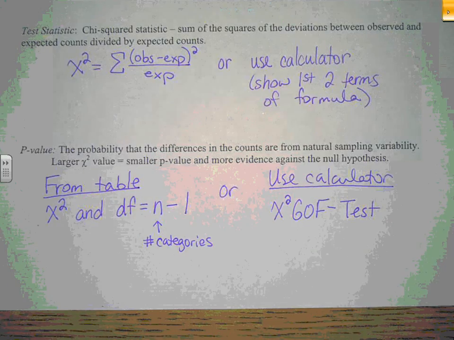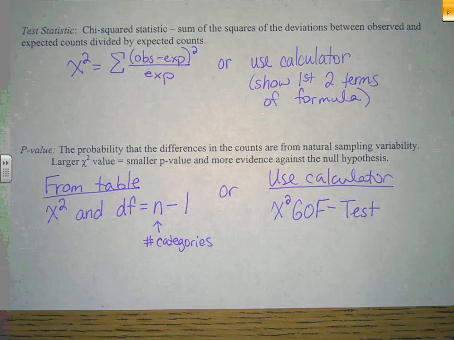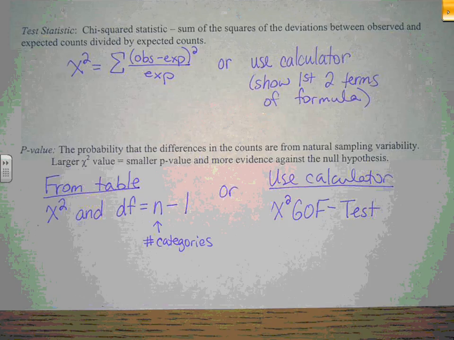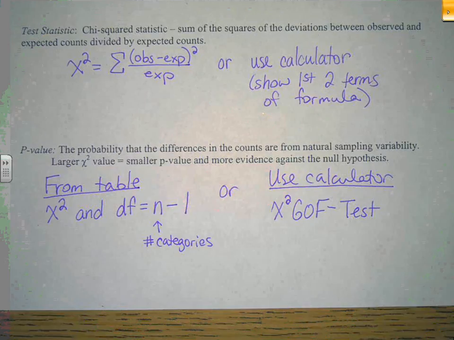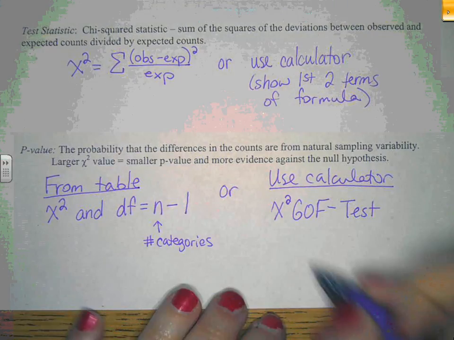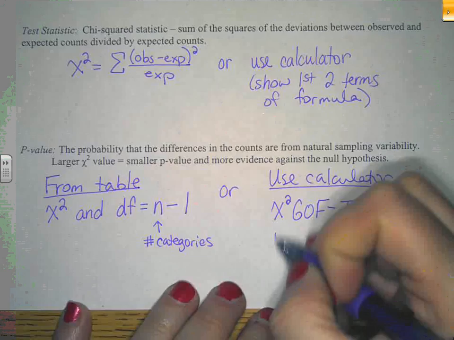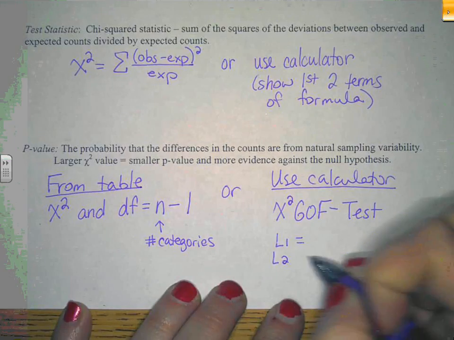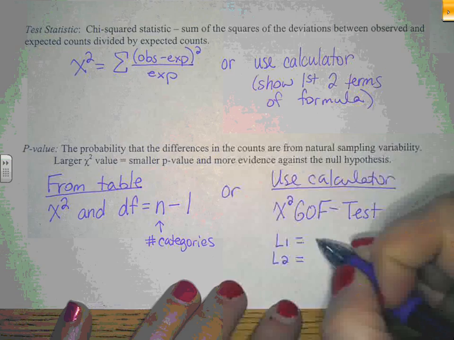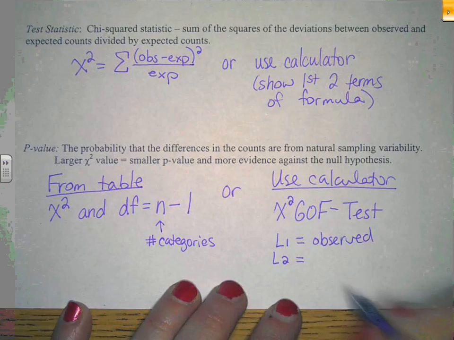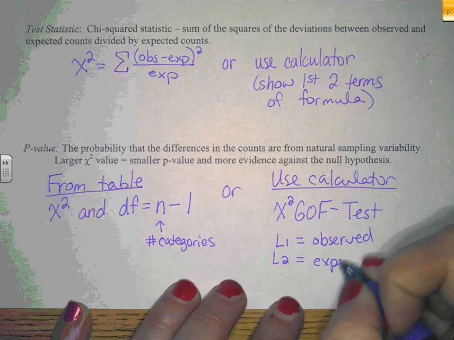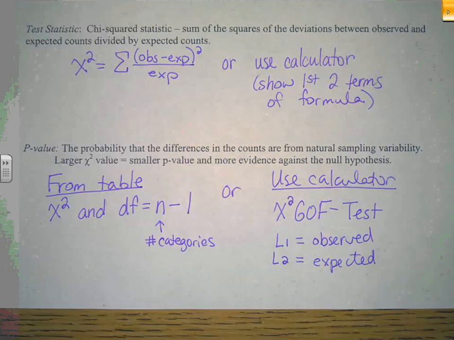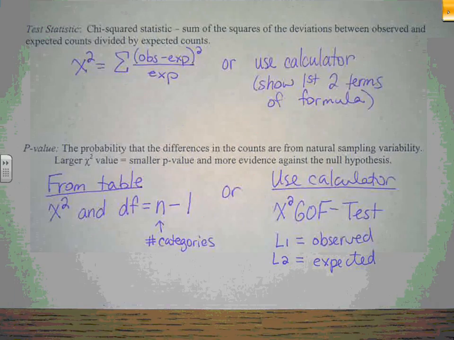A couple of you yesterday, I had to download a program to your calculator, so yours is going to be slightly different, but it will still do all the calculations for you. The first thing you'll have to do is make two lists, L1 and L2. L1 has to be your observed values, and L2 has to be your expected values. If you do them backwards, you'll get the wrong answer every time. So that's important.